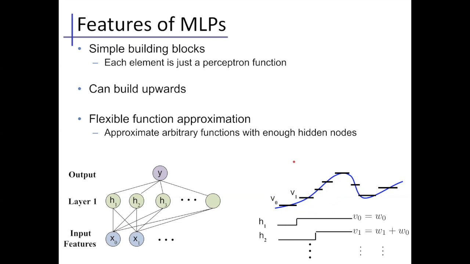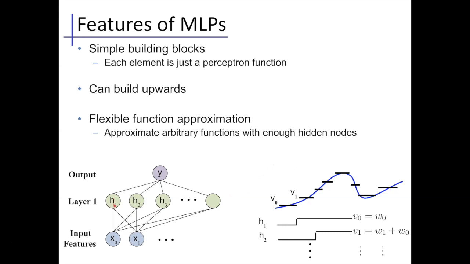Well, suppose now I use this type of piecewise constant function to approximate my function, and I can construct this neural net to generate exactly this type of piecewise constant function. And how do you do that? Well, I'm going to replace this function with a thresholding function.